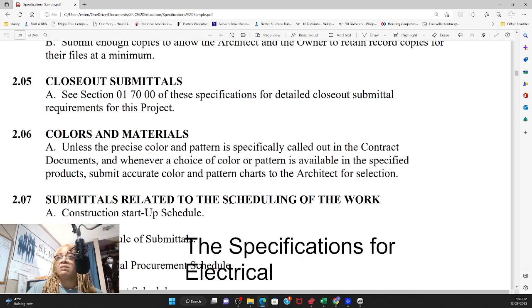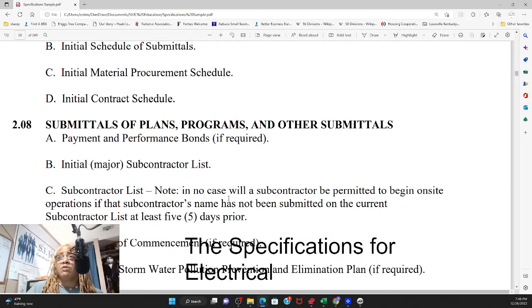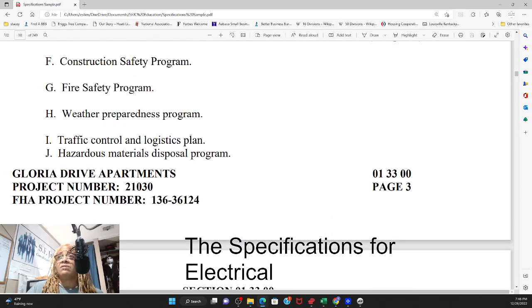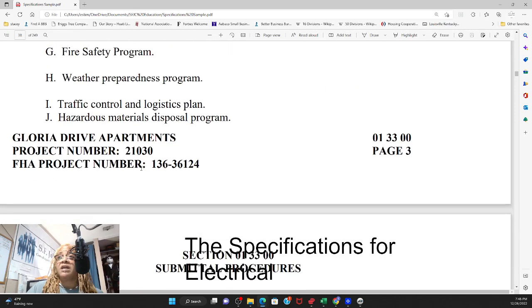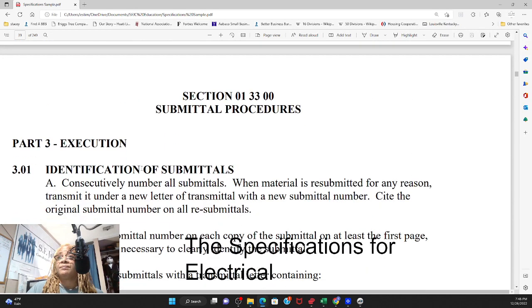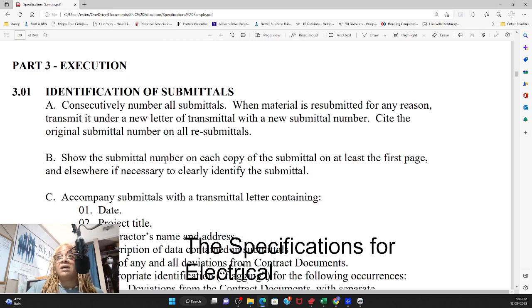And so whatever applied to you, you have to read through this and see if it applied to you. Okay, and it does, because this is the identification of submittals.